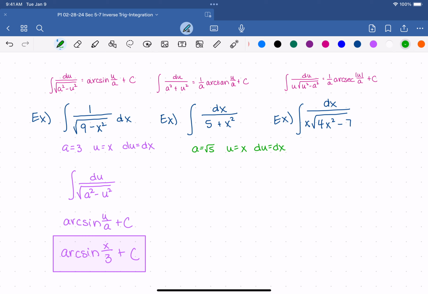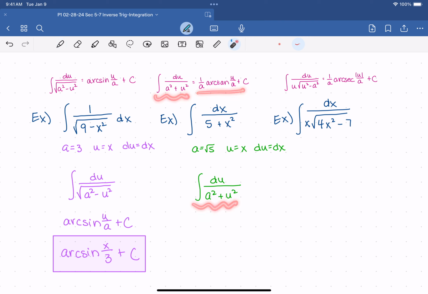So let's go ahead and see what happens when we plug in. So du is dx, so that dx on top will become a du. 5 is the same thing as a squared. X squared is the same thing as u squared. And again, we have a perfect match for this.